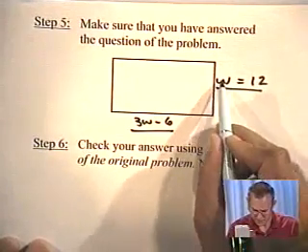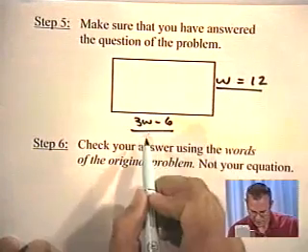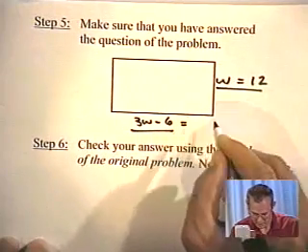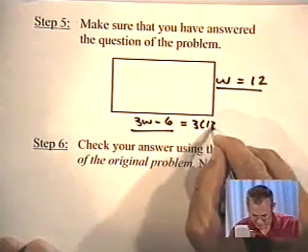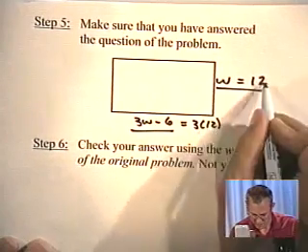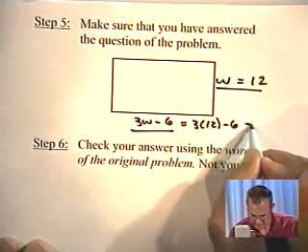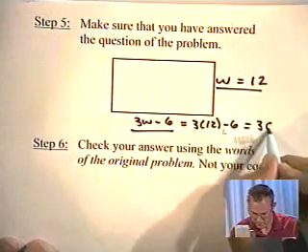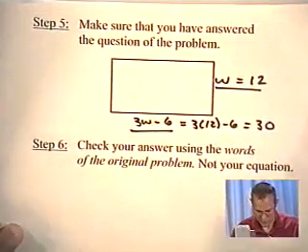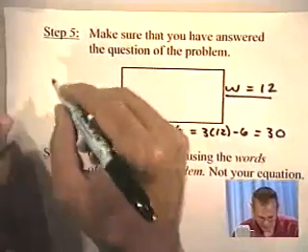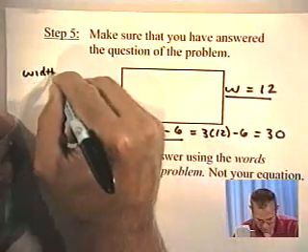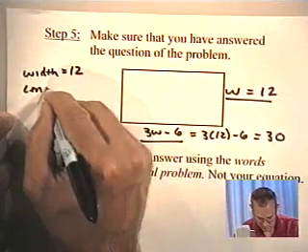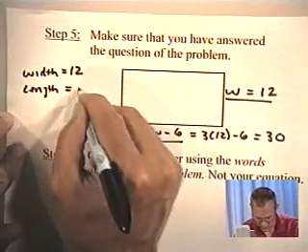Well, if our w is equal to 12, and our length is 3 times w minus 6, that means our length must be 3 times 12 minus 6, which is 36 minus 6, or 30. So we've answered the problem. The width equals 12, and the length is equal to 30.